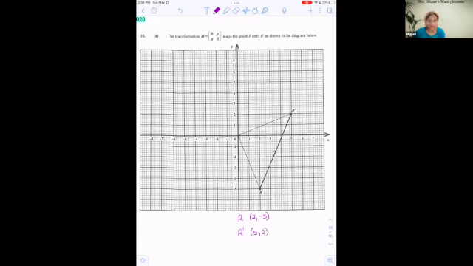Now watch this. According to this and this, the numbers are similar, but the X and Y is reversed and one is positive and one is negative. So there is some relationship between R and R prime.